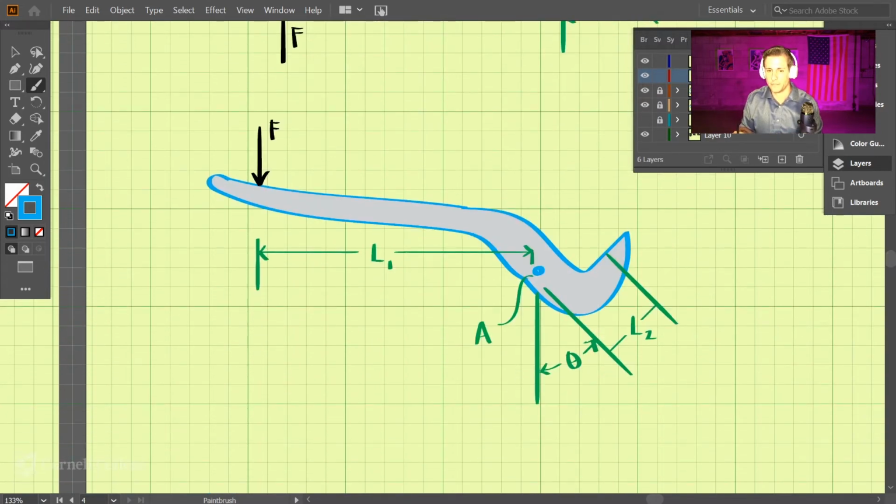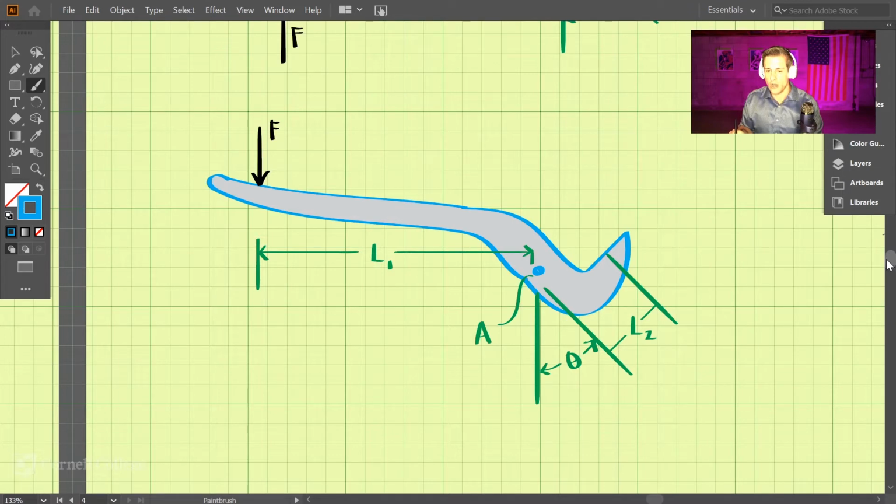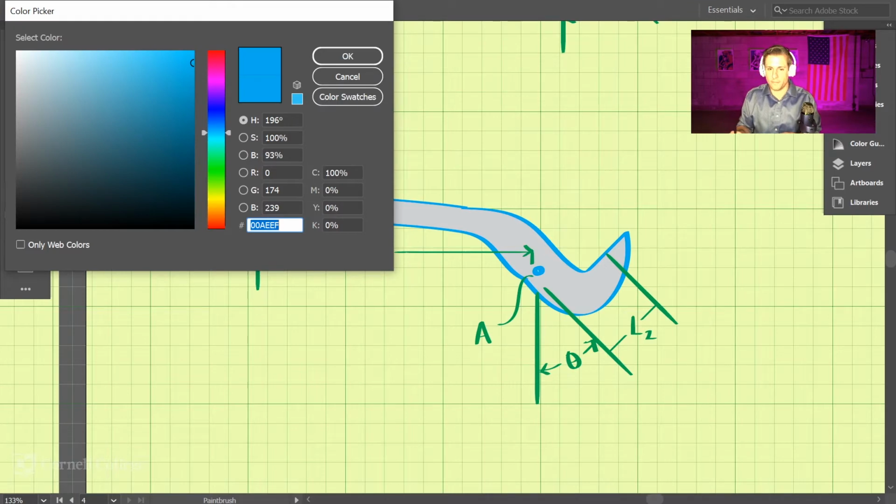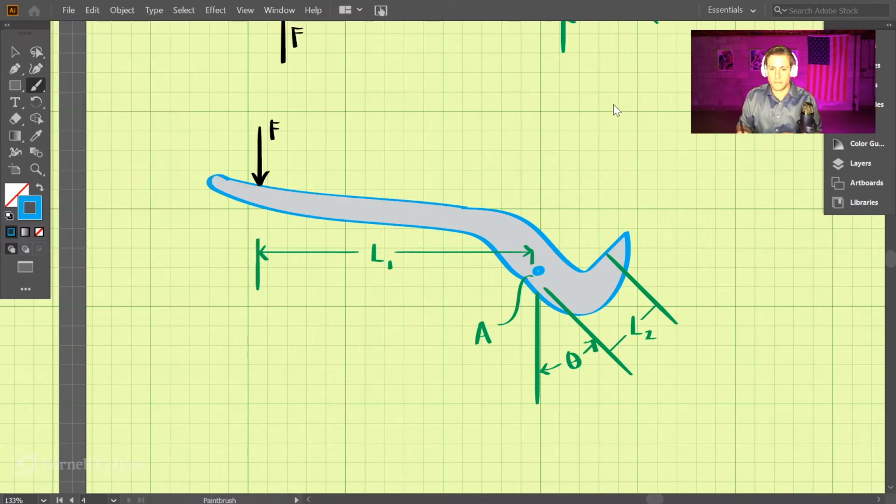So I've taken this off, and we also want to analyze the part that we're clamping. So the part that we're clamping is this round cylinder, and it's going to be clamped in both directions here.